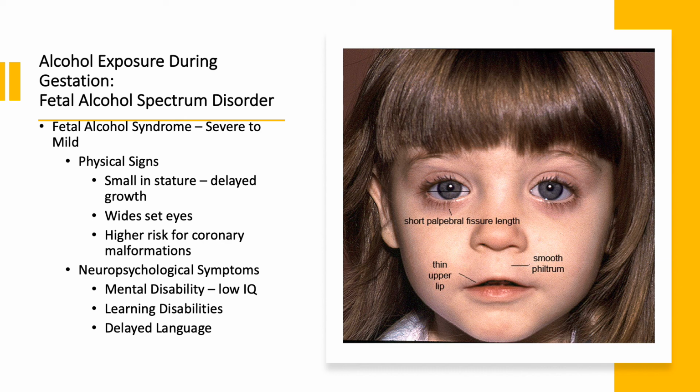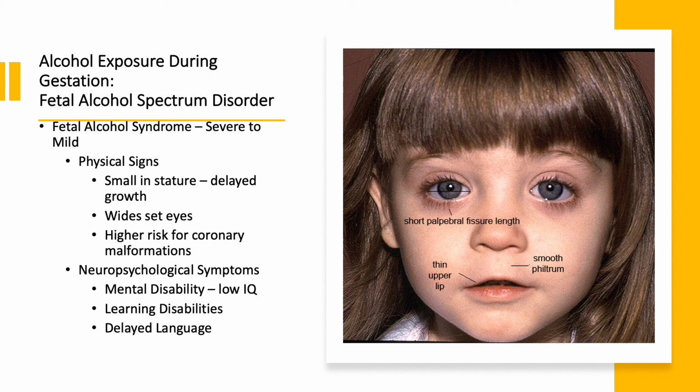It's possible, though, in some cases where you have mild expressions, you don't see any facial features or physical changes. They don't have the coronary malformations in the more severe cases. They don't have those in the mild cases. In the mild cases, it may not be discovered until the preschool years or in toddlerhood when they're not developing language at the normal rate, or when they get into the preschool years and begin to show difficulties with both language and mastering arithmetic tasks.